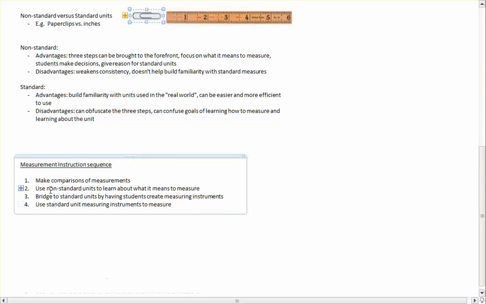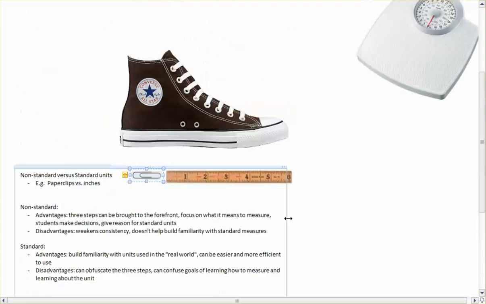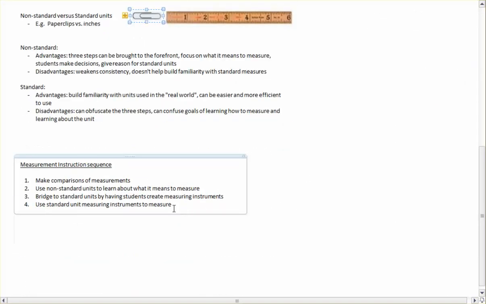We can bridge from the non-standard to the standard by having students create their own measuring instruments. So they take 1-inch strips and they glue them together into a ruler, and so they're very strongly connecting that process of repeating the units to create an instrument, and then that instrument has meaning for them as they use the standard units to measure.